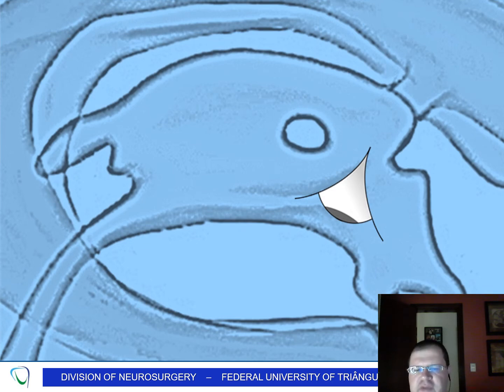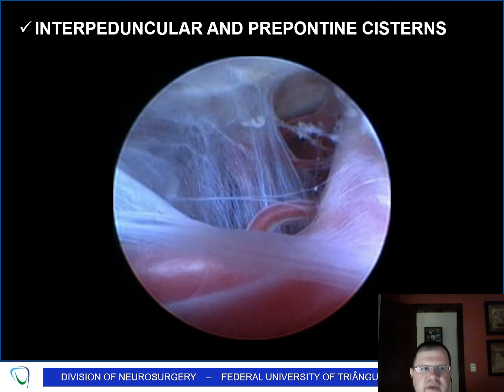So, a panoramic view of this region, we can see this. The diencephalic portion of Liliequist membrane here, just above the top of basilar artery and its division in the posterior cerebral artery here and superior cerebellar artery here.